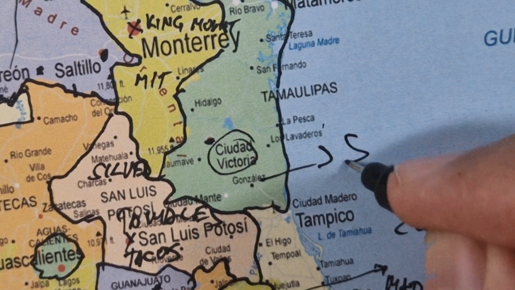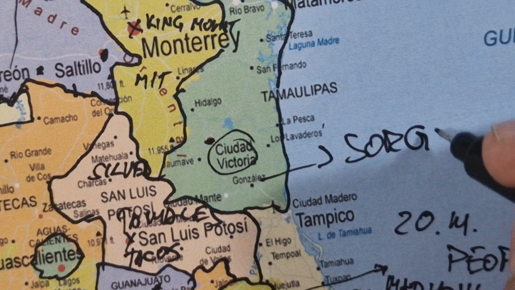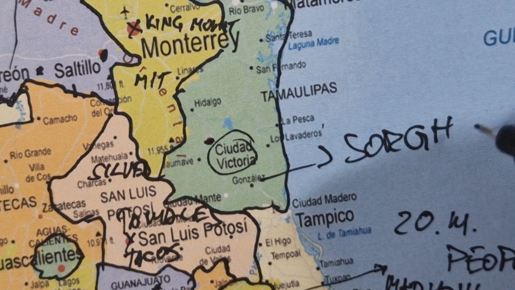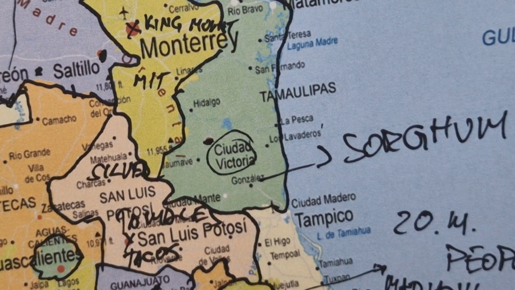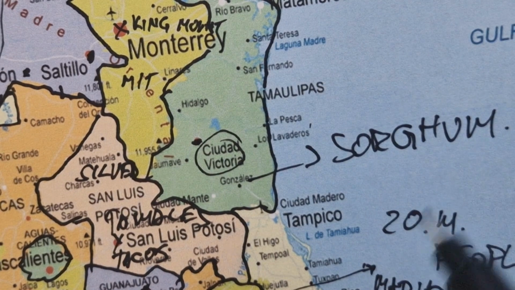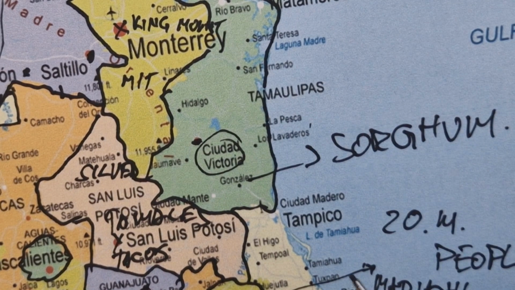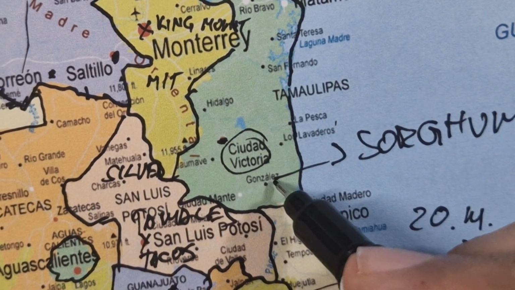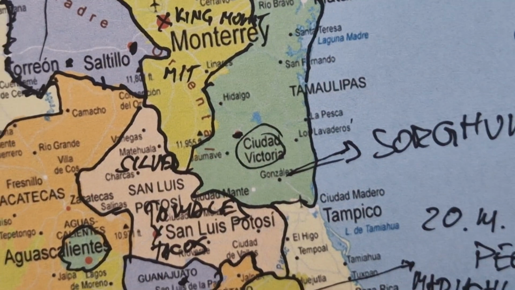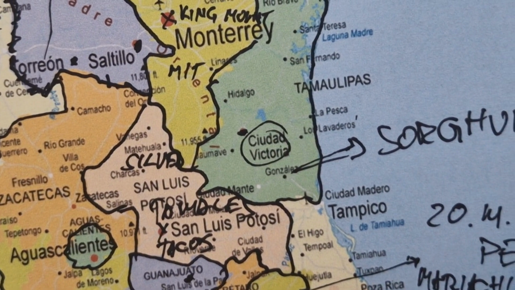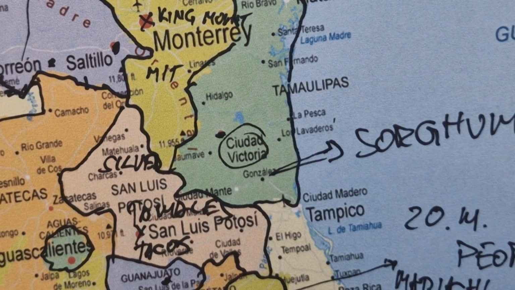So they have sorghum. More than half of the state's land area is devoted to raising cattle, goats, pigs, and sheep. So they have livestock. These are the facts about Tamaulipas.